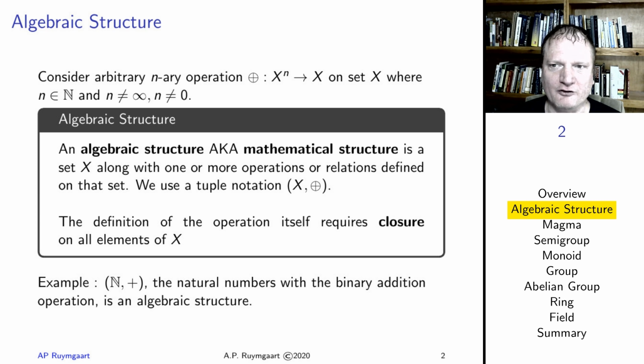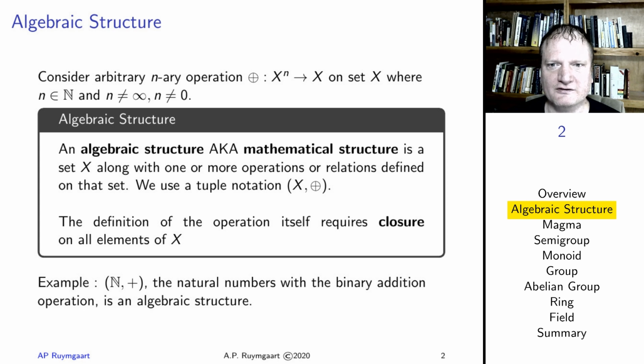Now, an algebraic structure is the combination of the set X along with one or more n-ary operations on that set. And the only requirement on the operation, by the definition of the operation itself, is that it's closed on all elements of the set.